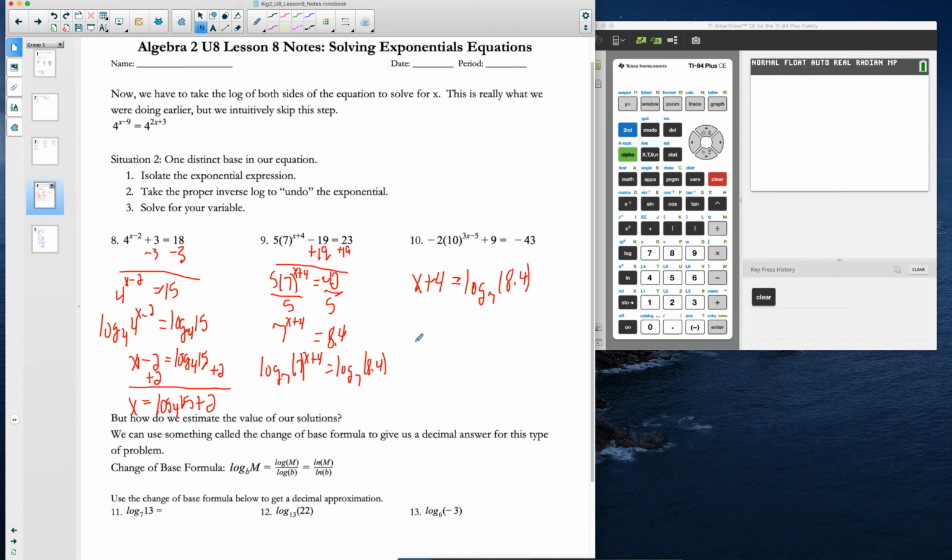And then my final answer, I'm just going to subtract 4 from both sides. So x equals log base 7 of 8.4. And once again, that's just an exact number. And then minus 4. And then that's your answer.